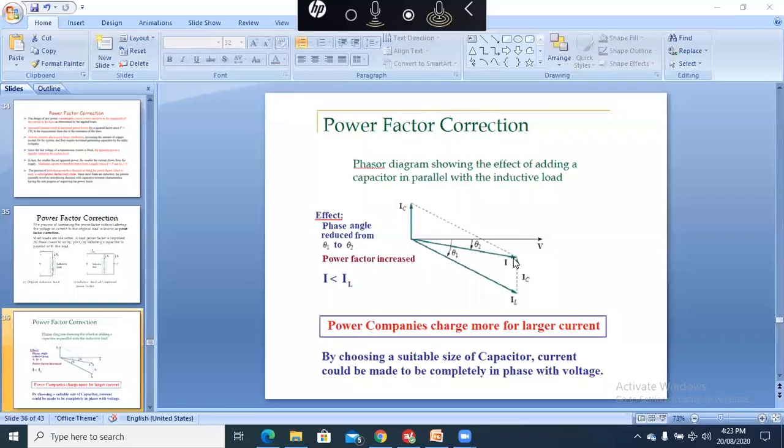So in fact, the current drawn by the load is decreased by installing the capacitors in parallel. Parallel capacitors are also called shunt capacitors. So in fact, they have improved the power factor of your angle.